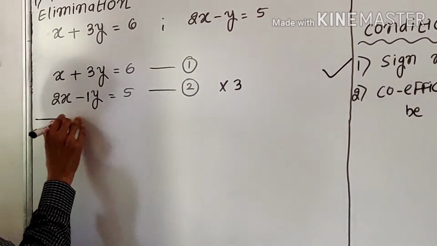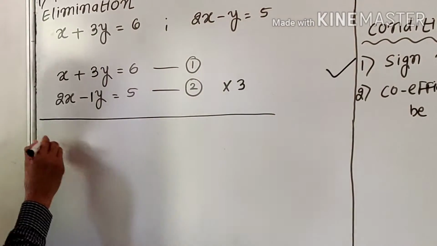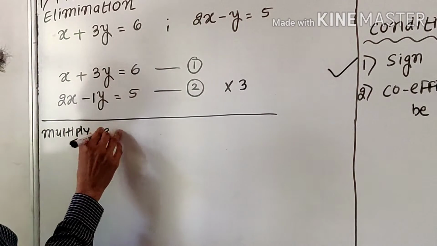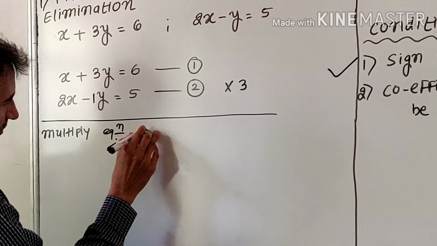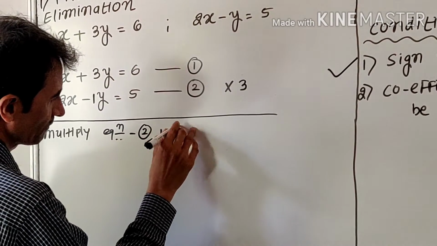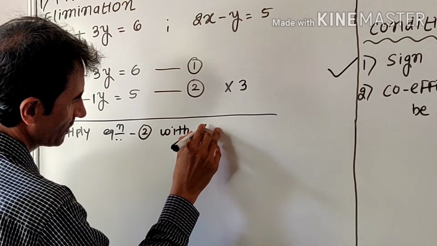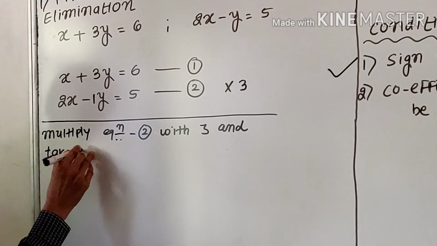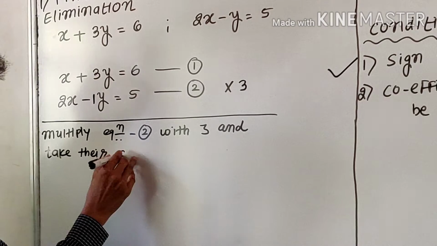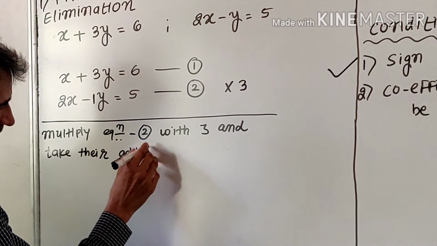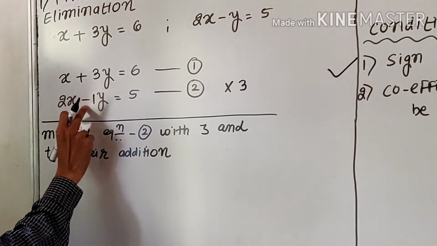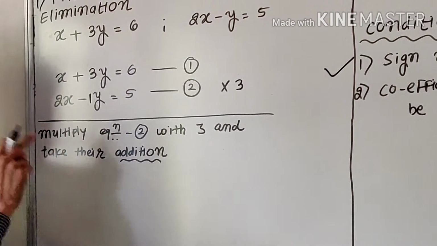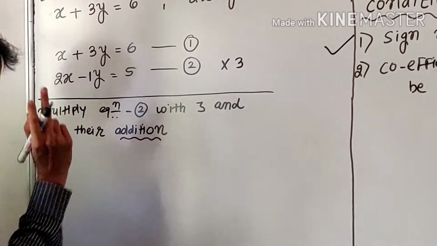Now I want to write down the instruction: multiply equation number 2 with 3 and take their addition. If the signs are opposite, then I write addition. And if the signs are the same, at that time I write subtraction.